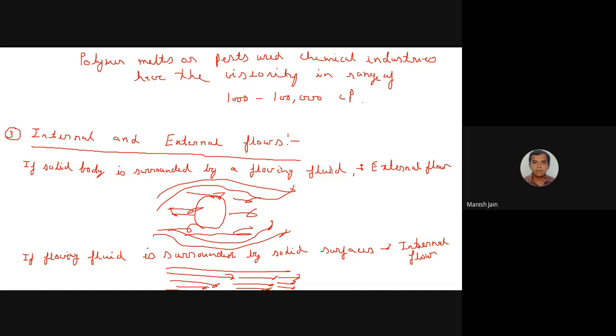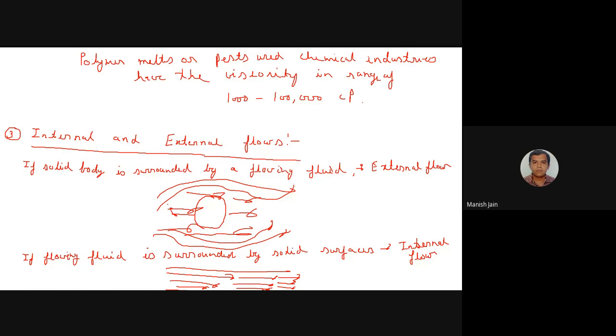Suppose you are calculating how much drag is exerted by the winds on an aeroplane, on a flying aeroplane. So you have to calculate the force exerted by the air on the flying airplane. At that time, the plane is also moving in the opposite direction of the fluid.